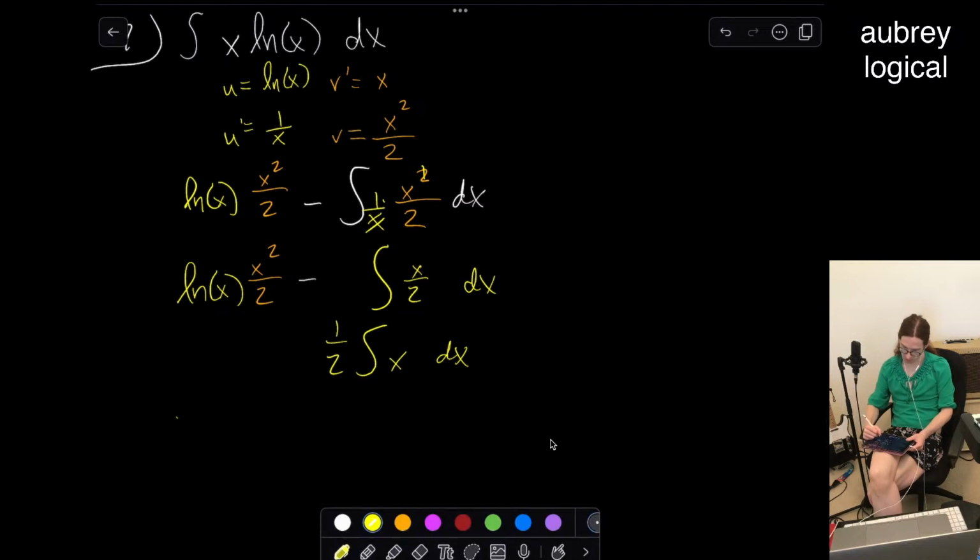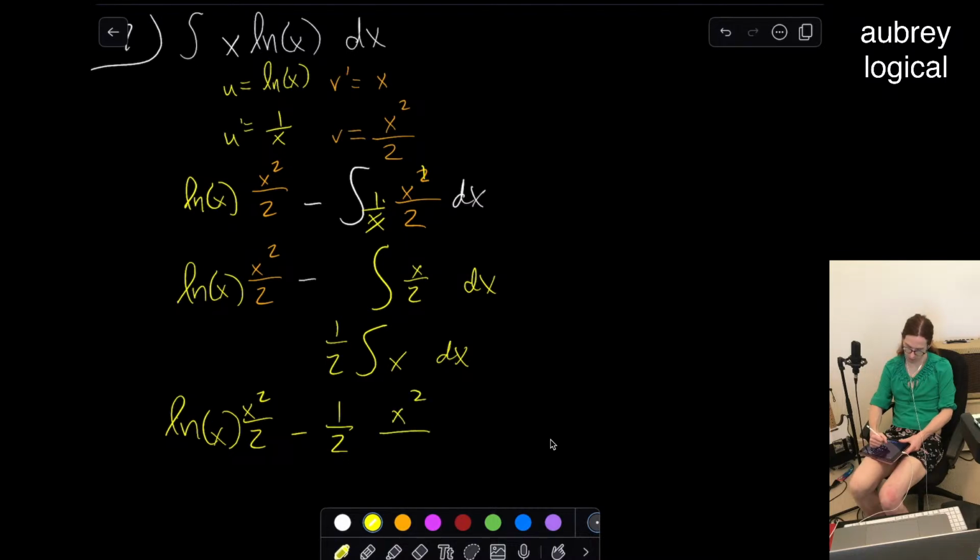So then we can rewrite as ln of x times x squared over 2 minus 1/2 times the antiderivative of x, which is still x squared over 2.